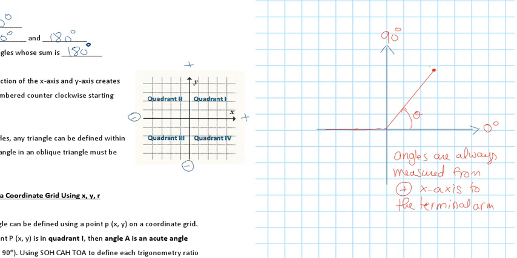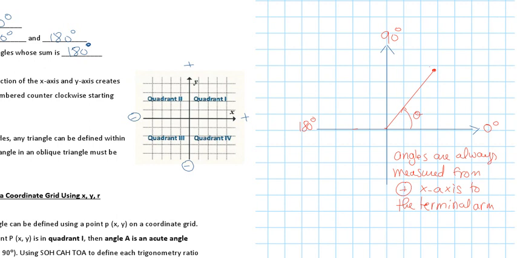Okay? So if I have an obtuse angle, which is between 90 and 180, in what quadrant is it going to fall? In quadrant number 2. Okay? So, let's look at this.